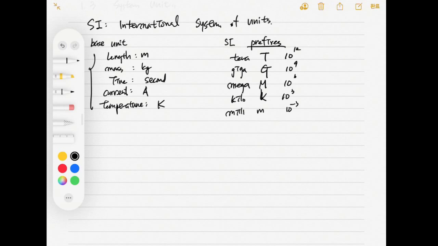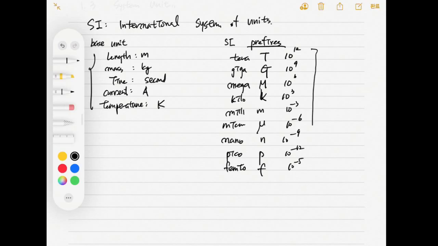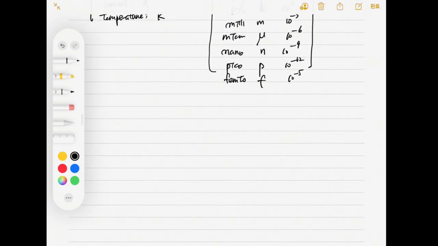Milli, small m, is 10 to the minus 3, and micro is 10 to the minus 6, and nano is n, and pico is p, and femto is f. This is very useful. You will use these prefixes very frequently.